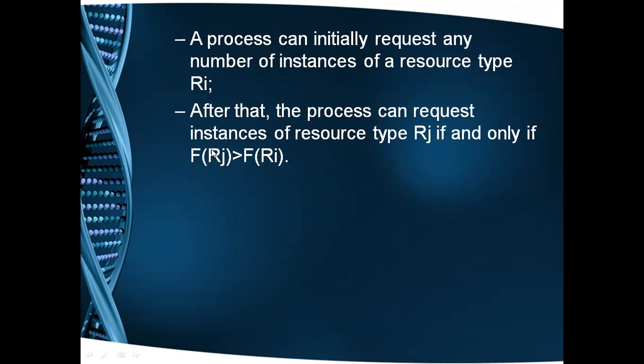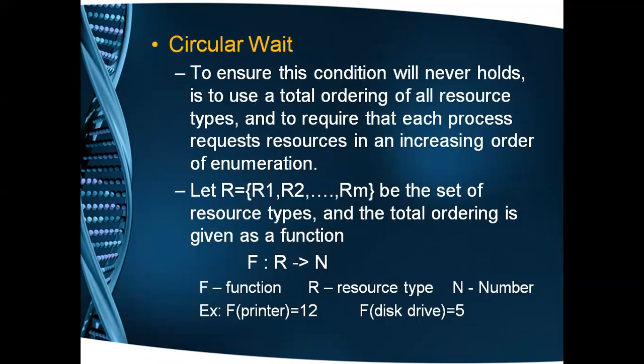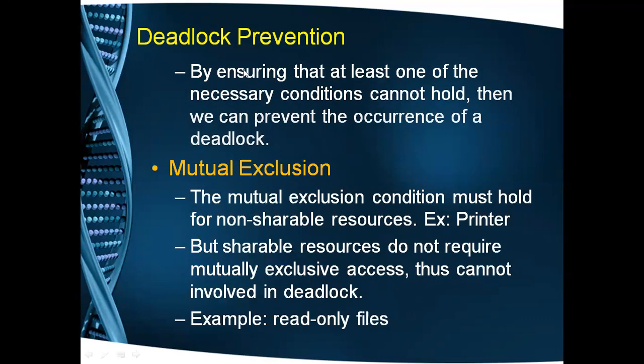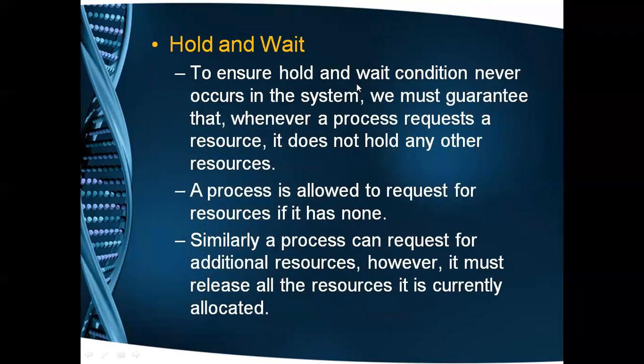Here Rj is the memory unit and Ri is the first requested one, the processor. So this count must be greater than that count. Only like that can the process request resources. This is called increasing order. With this increasing order of enumeration, we can avoid circular wait automatically and prevent the system from deadlock. So this is deadlock prevention.